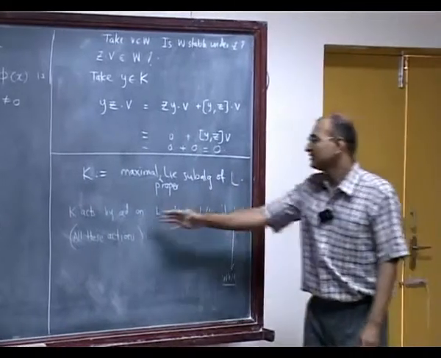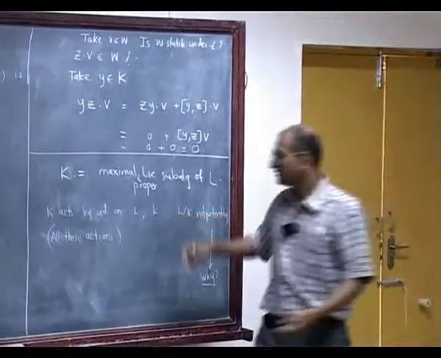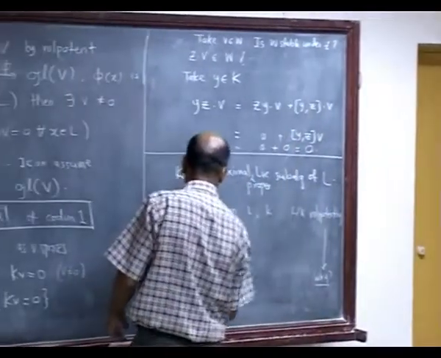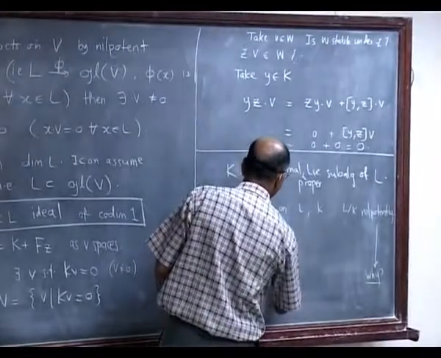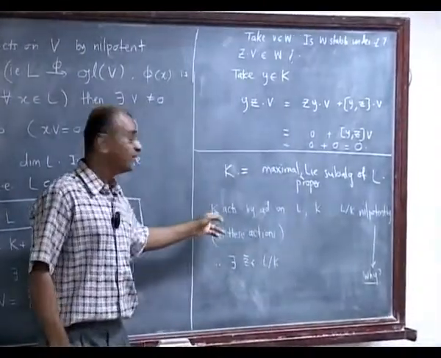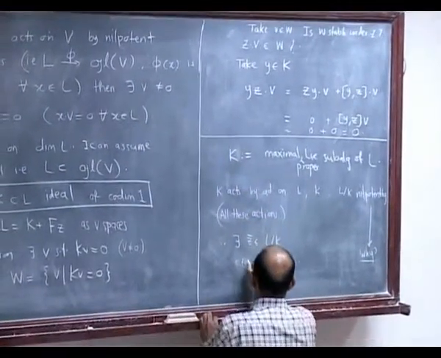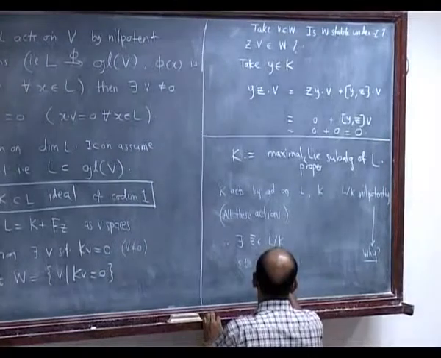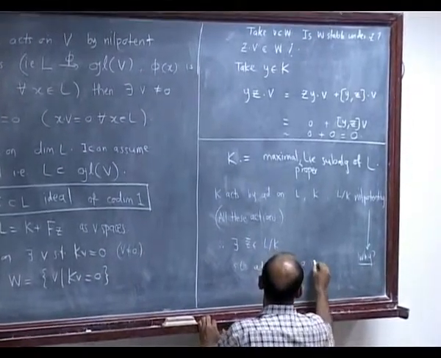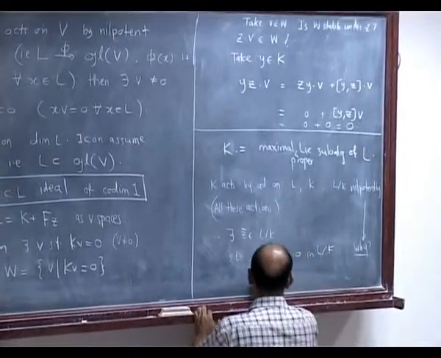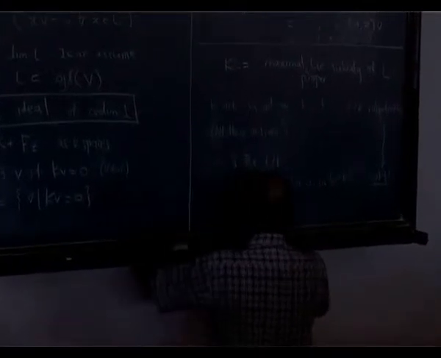But if K acts on L mod K in a nilpotent fashion, then what does that mean? Therefore, there exists something which I will helpfully call Z bar in L mod K, which is killed by the adjoint action of K, such that ad K acting on Z bar is 0 in L mod K. But what does that mean?